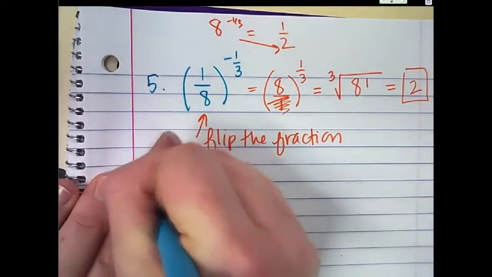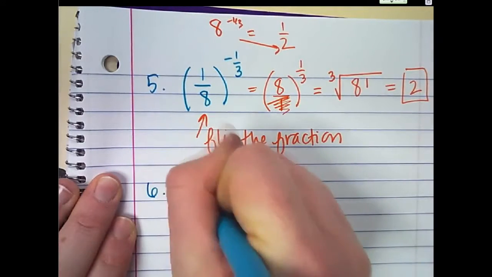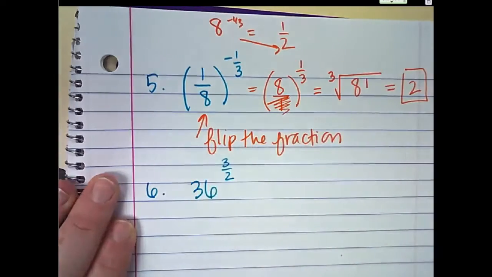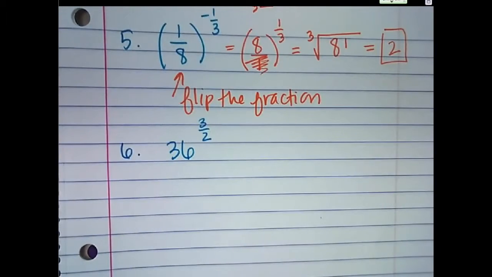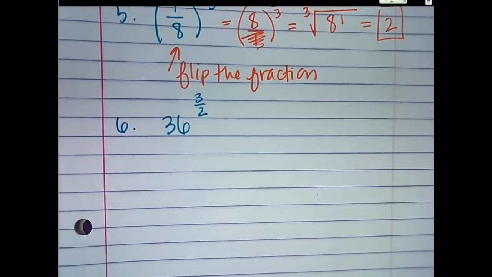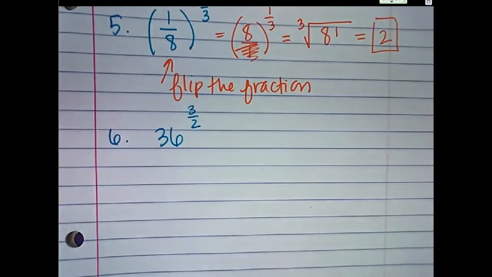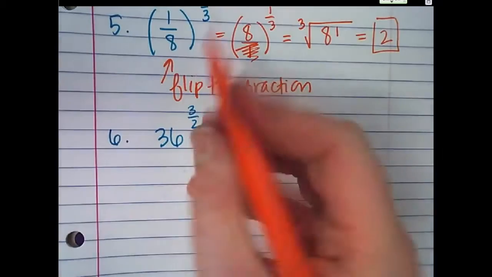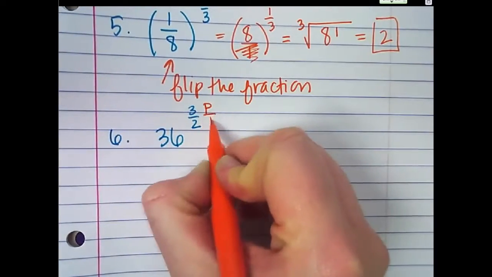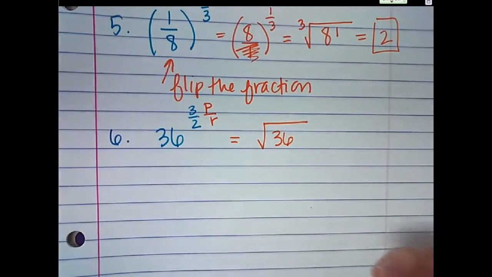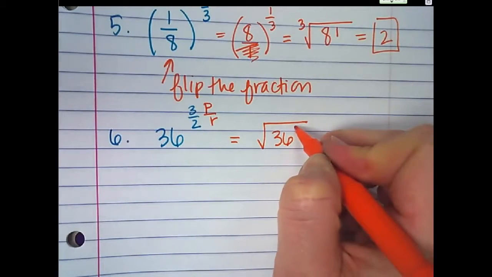Okay, so let's try something instead of just a 1. 36 to the 3 over 2 power. Okay, so remember here, power over root. So let's rewrite it. 36. What's my power? 3.